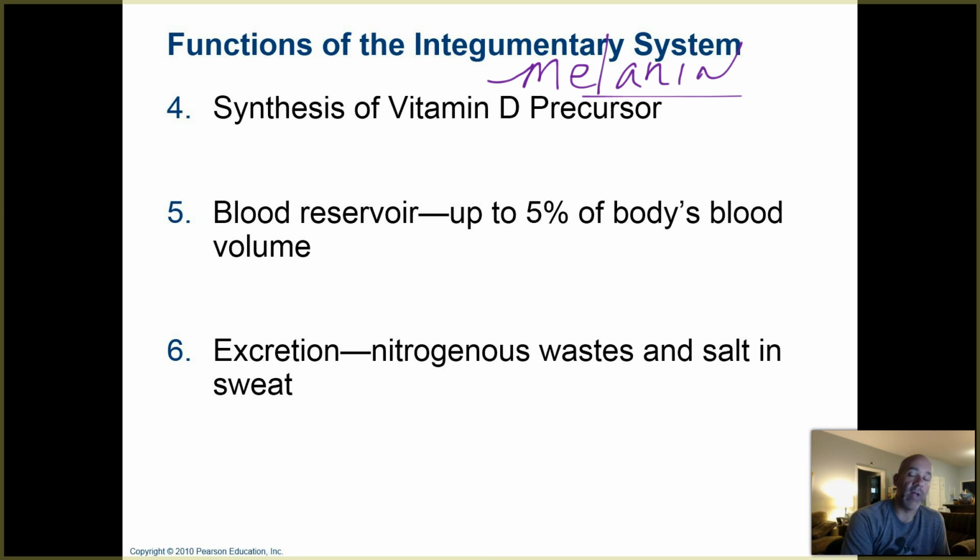So if you have a lot of melanin in your skin, you have a darker skin tone, that's blocking UV light, which makes it more difficult for your skin to manufacture vitamin D. So you've got kind of a trade-off there. If you have darker skin, you're more protected from skin cancer, but you're not quite as good at manufacturing vitamin D in your skin because you've got all that shielding in that location.